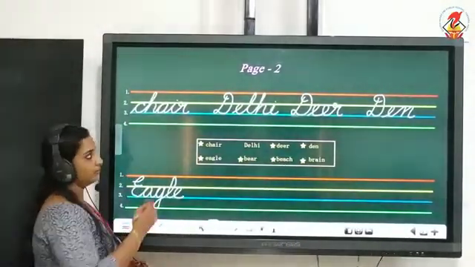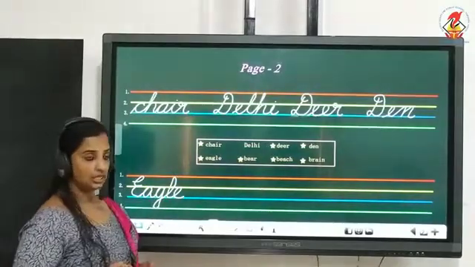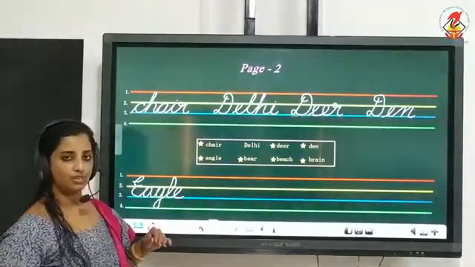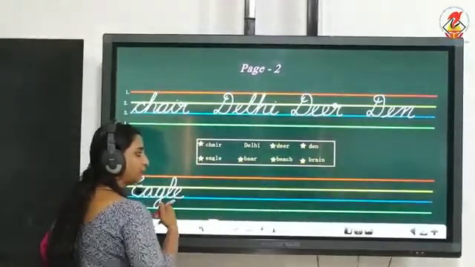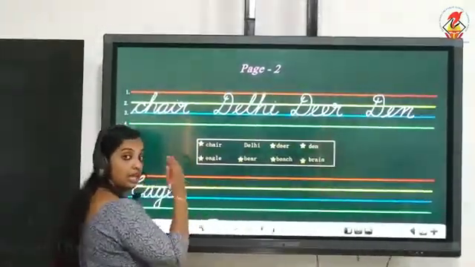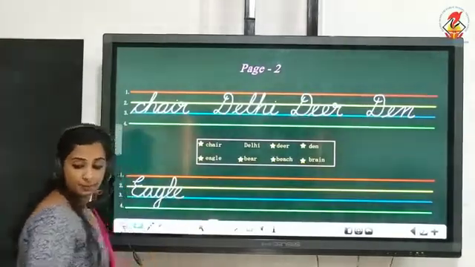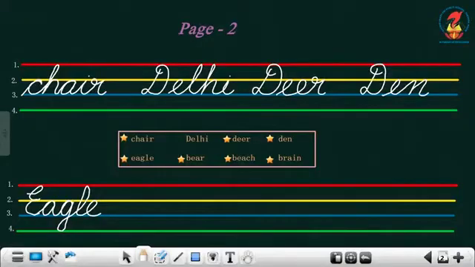Even B, just as we have written D, starts not from the first line, just below the first line. You have to start just beneath the first line. You have to start writing capital letter B. Come down slantingly to the third blue line. Go up straight to the red line, making curve, touching the blue.